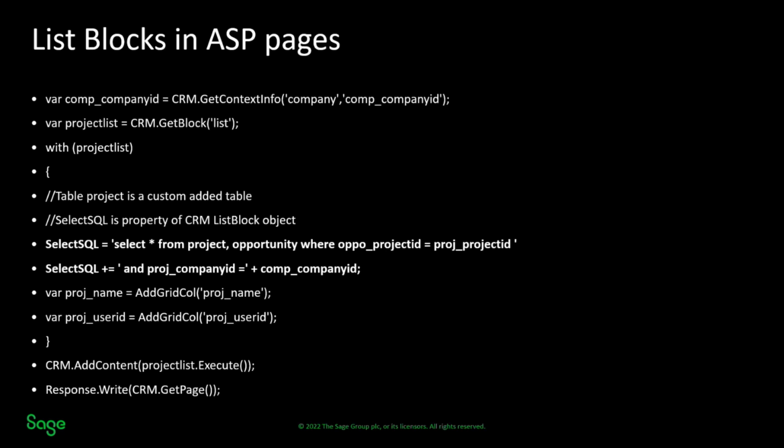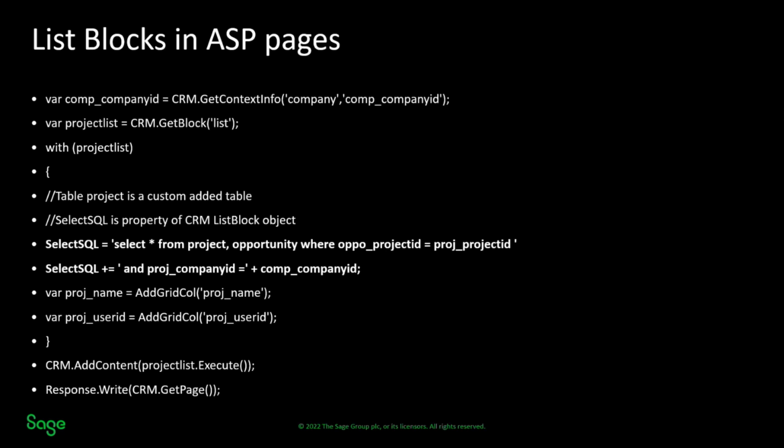Here you can see that I can define a property for a list being the underlying SQL statement that I want to use. And that is where I have started to take ownership of the SQL definition.